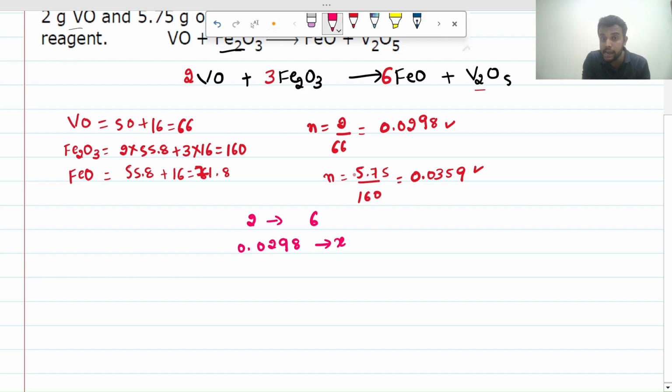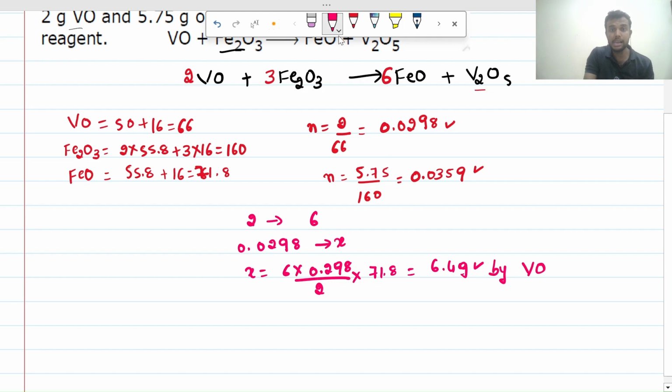Weight is moles into molecular weight. That's why I calculated the molecular weight. Now X is equal to simple cross multiplication: 6 into 0.0298 divided by 2, into the weight 71.8. If you calculate this, you will get the answer as 6.4 gram of FeO by VO, vanadium oxide.